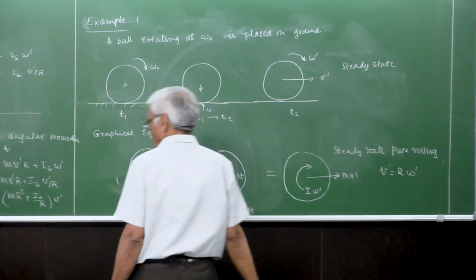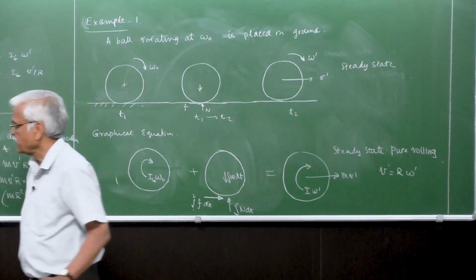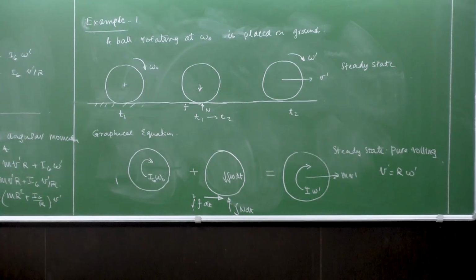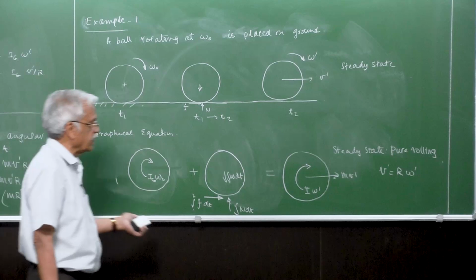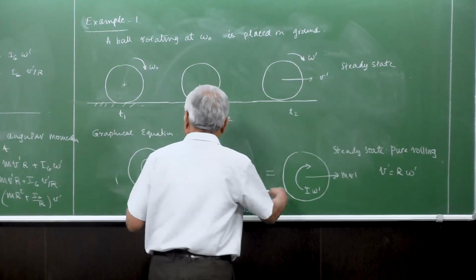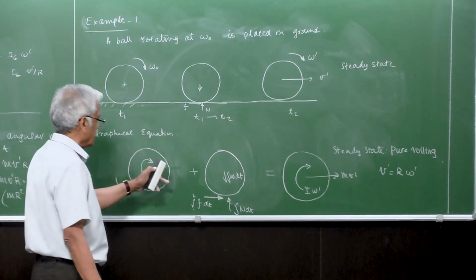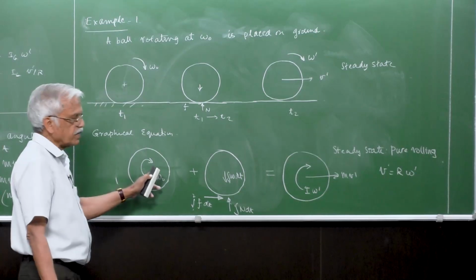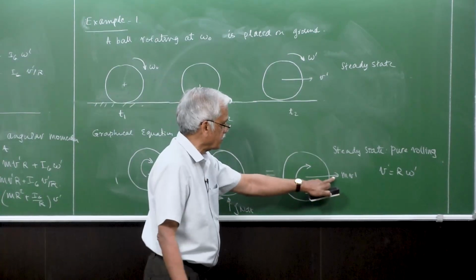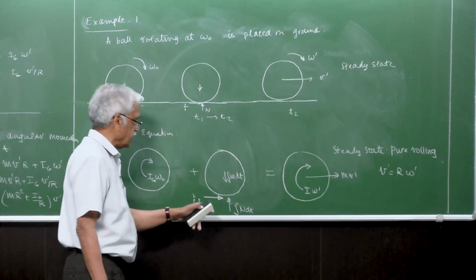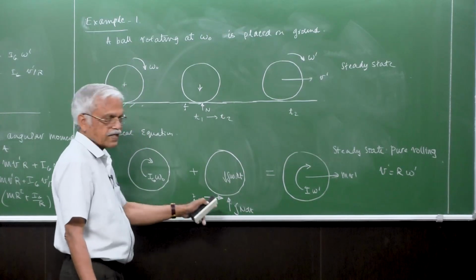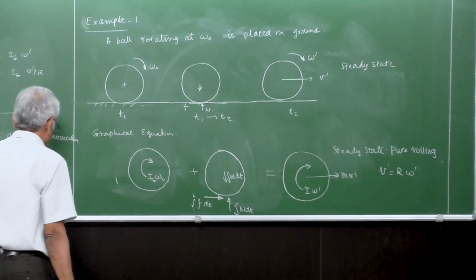So this is just the same type of problem as we have done earlier, except that instead of linear momentum to start with, now it has an angular momentum, and finally of course it is the steady state, and the only thing here is that the force is acting in the forward direction.